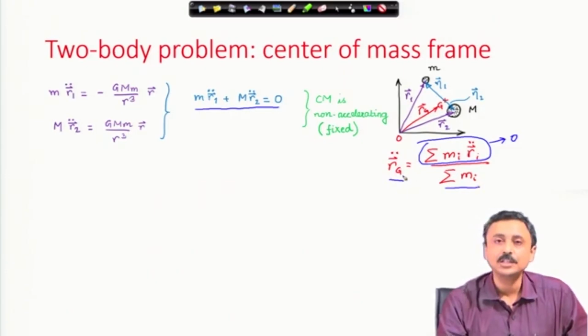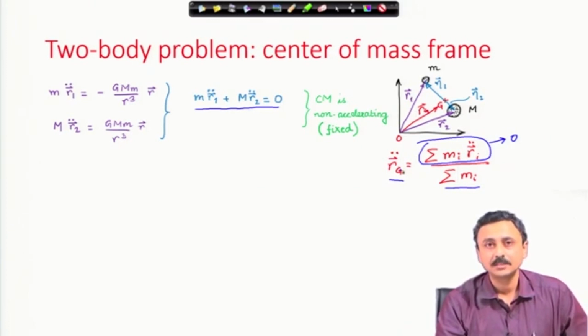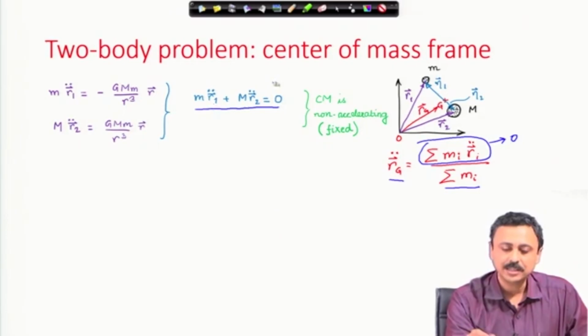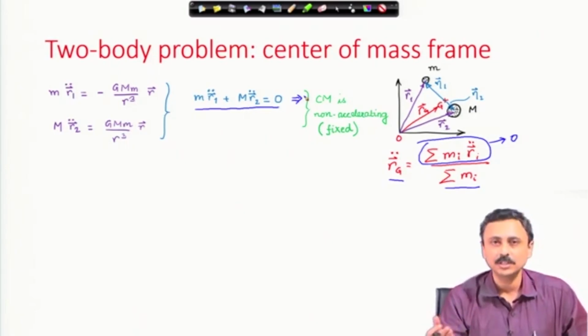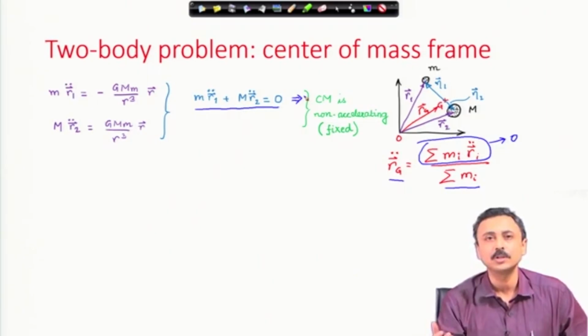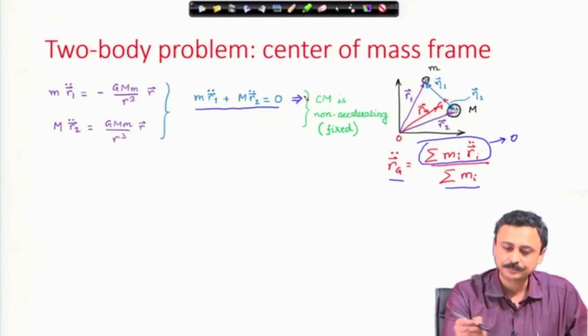Therefore, rg double dot must be 0, which implies the center of mass is non-accelerating, and it may at most have a constant velocity. Therefore, I can shift to another inertial frame in which the center of mass is fixed.